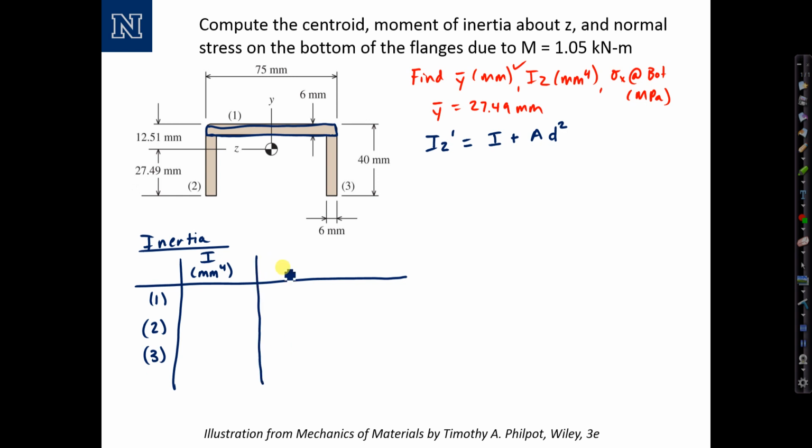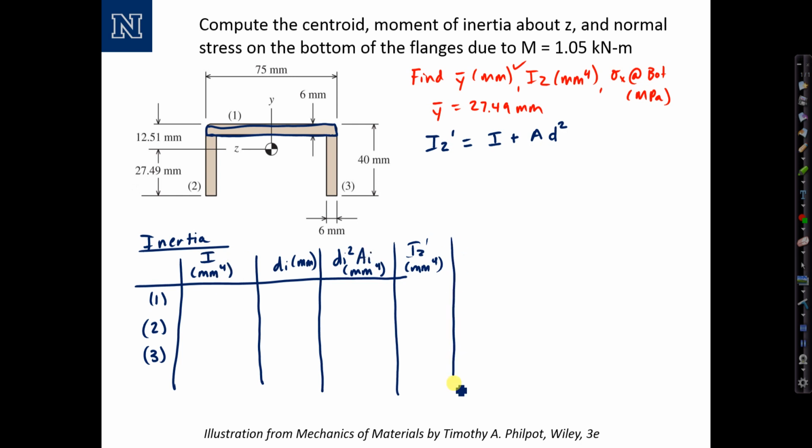We want to calculate d sub i in millimeters, the distance from the section centroid to the overall centroid. Then we calculate d sub i squared times A sub i in units of millimeters to the fourth. And finally, we'll calculate Iz prime, which is going to be the sum of the first column and third column. And then in the end, we'll add them all together to get the overall moment of inertia.